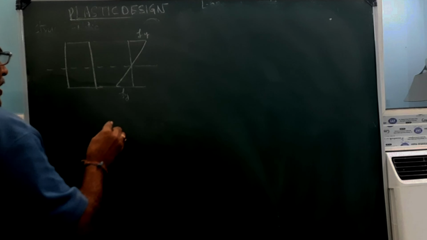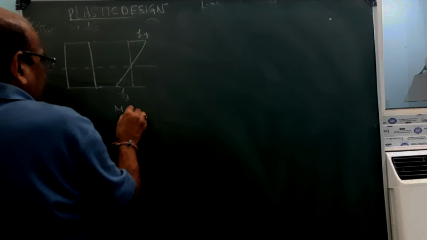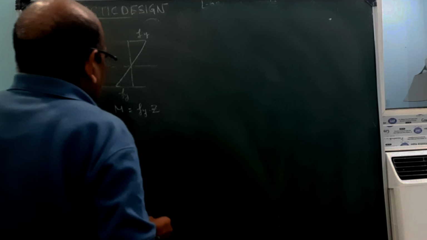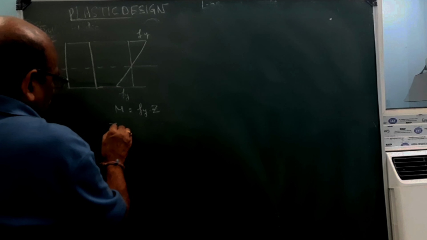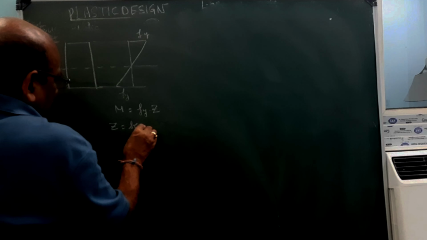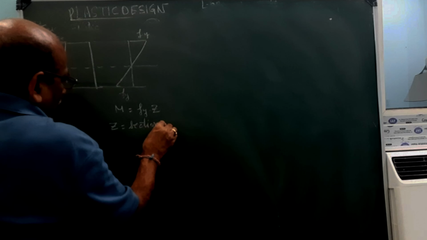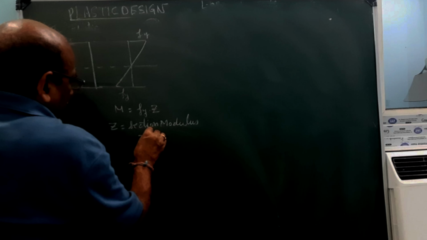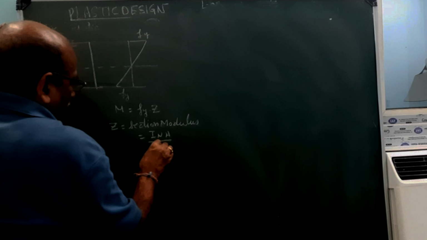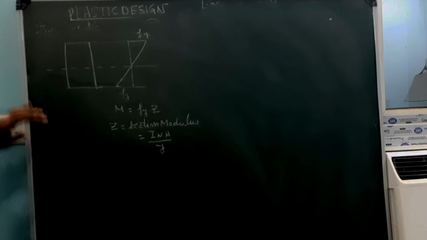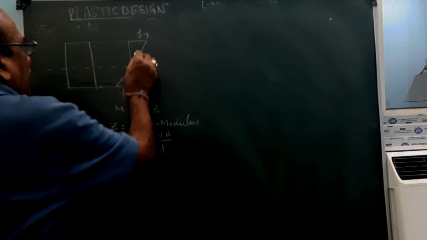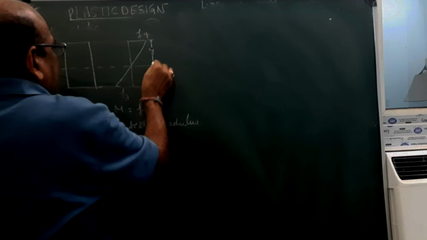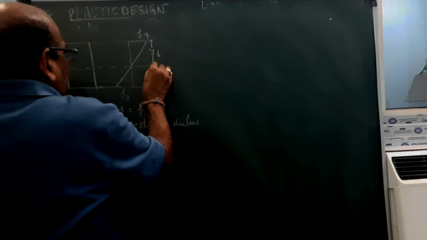The moment carried is equal to Fy into Z. Z is the section modulus, that is I neutral axis divided by y. This is your y, this is yt, this is your yc.